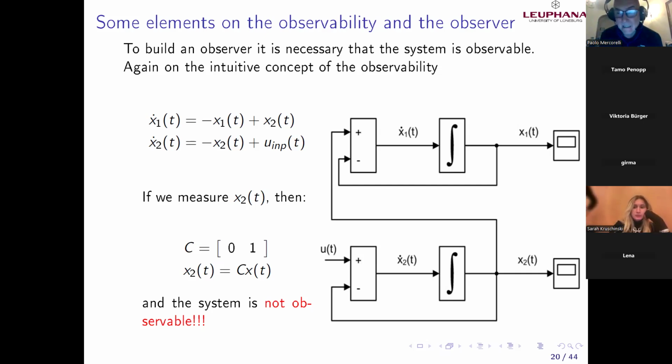Why trivially? Because the idea of observability, and in particular of building an observer, is to have information about variables which I cannot measure, or I don't want to measure. Why can't I? Sometimes the variable is too abstract.